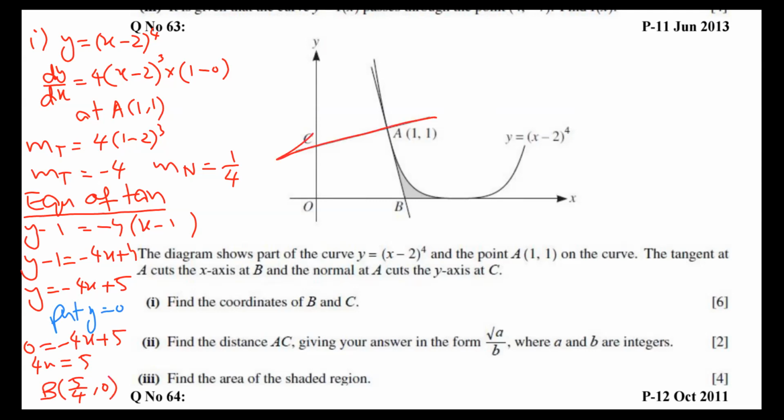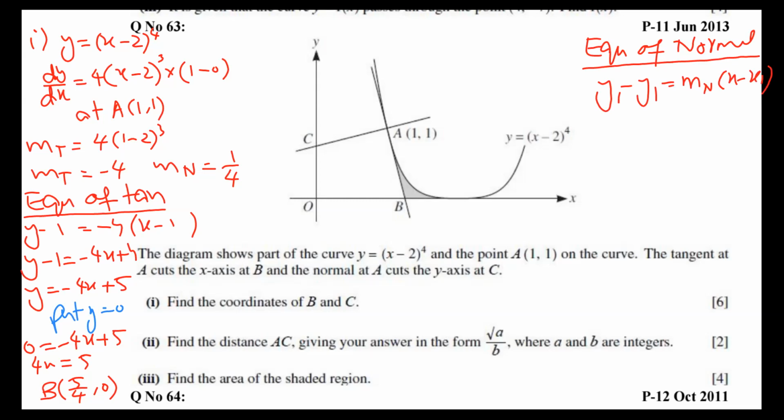How to get the C coordinates? First of all, I need the equation of the normal. The formula is still the same: y minus y1 equals m of normal times x minus x1. Again, y1 is this one, x1 is this one, and the gradient of normal is this one. So I replace: y minus 1 equals 1/4 times x minus 1.